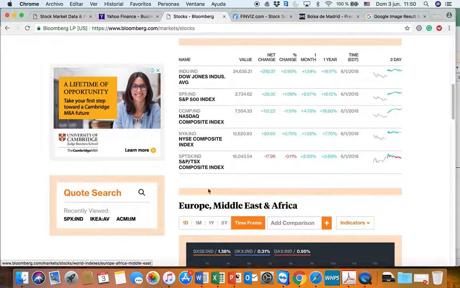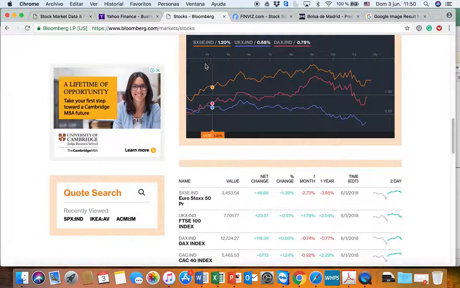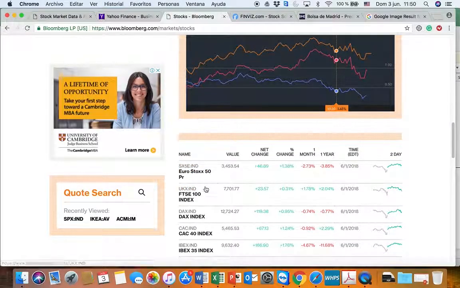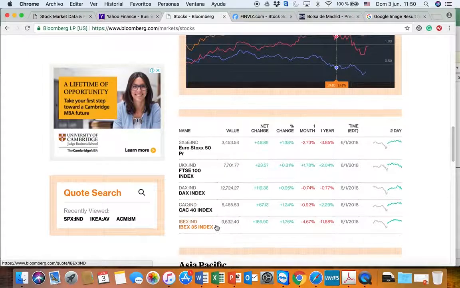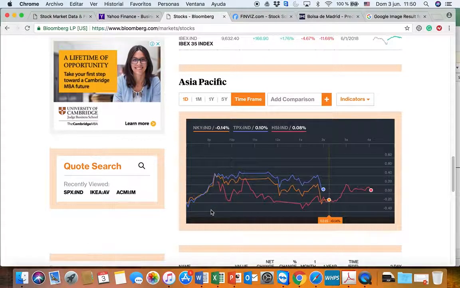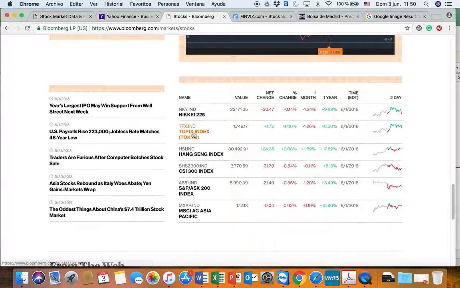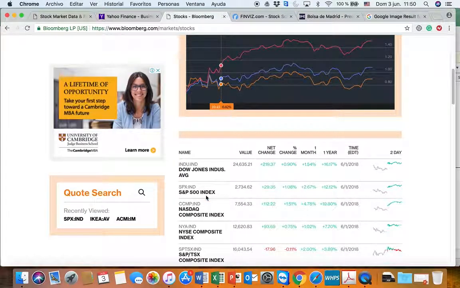We have the NYSE. Here we have some in Europe, Middle East, and Africa, with some nice charts: the Euro Stoxx 50, the FTSE 100, the DAX in Germany, the CAC in France, and the IBEX 35 in Spain. The first layer of entry into any particular market will be to understand the benchmark indicators.